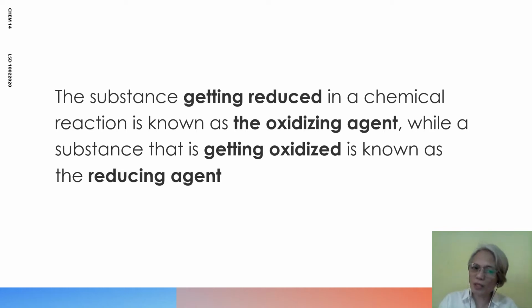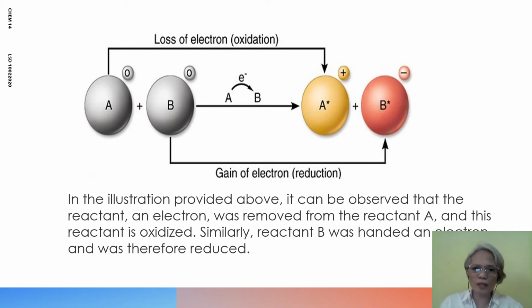While a substance that is getting oxidized, meaning there is an increase in the oxidation state, is the reducing agent because an oxidation takes place. So if oxidation takes place, there is an increase in the oxidation state, then the substance is the reducing agent, and vice versa.